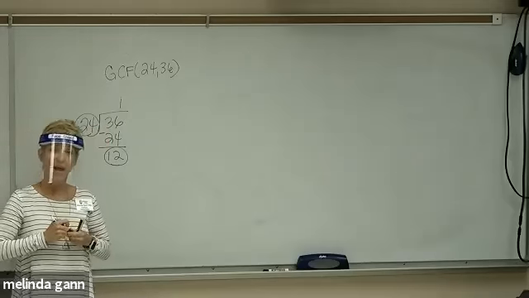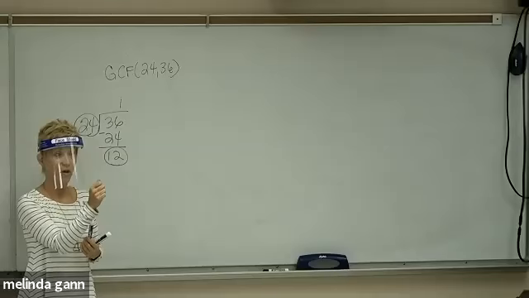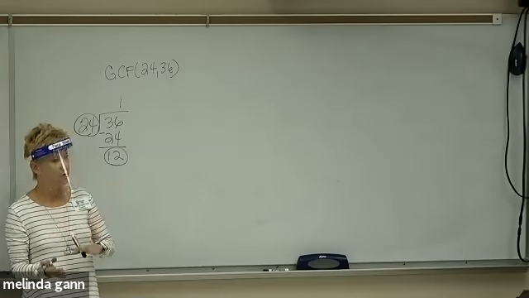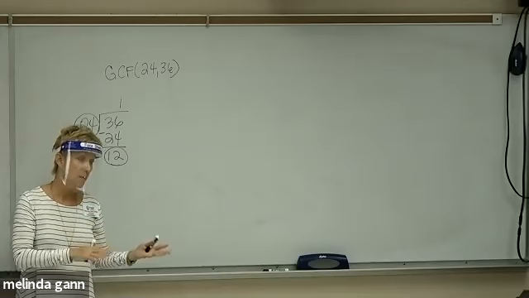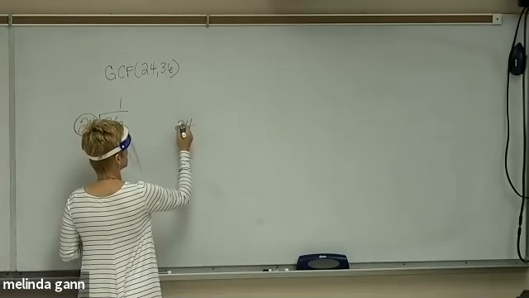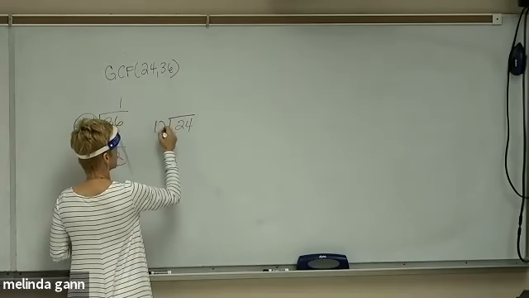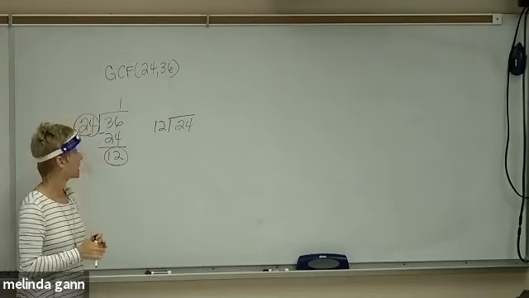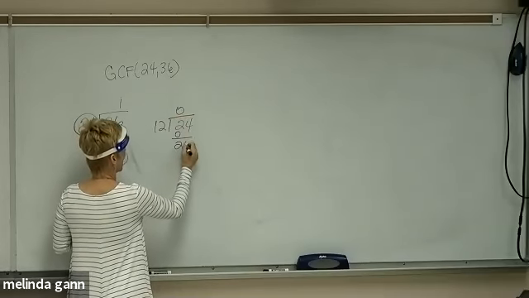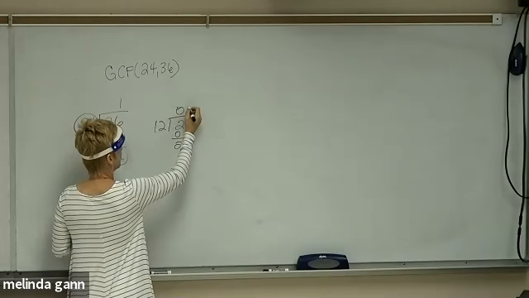Now, this is not like when you were doing other bases, where you were drawing blanks. This one you are going to do bigger divided by smaller. So what am I going to divide? 24 is going to get divided by 12. How many 12s can I pull out of 24? I can pull 2.